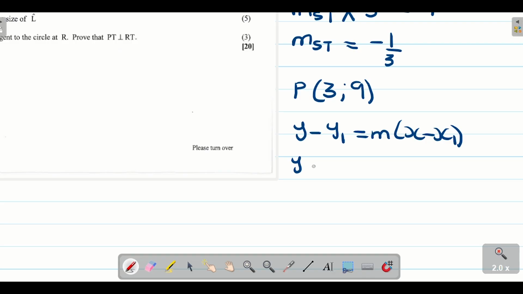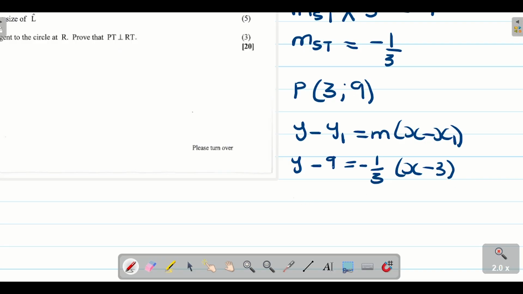We're going to say y minus, then we substitute the y value on the line ST, which is 9, equals the gradient we found to be -1/3, and we're going to have x minus, we substitute the x value of a point on line ST, which is 3.